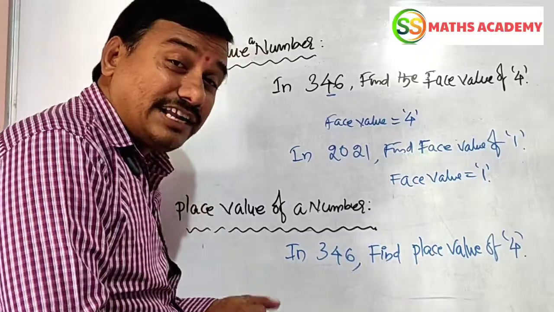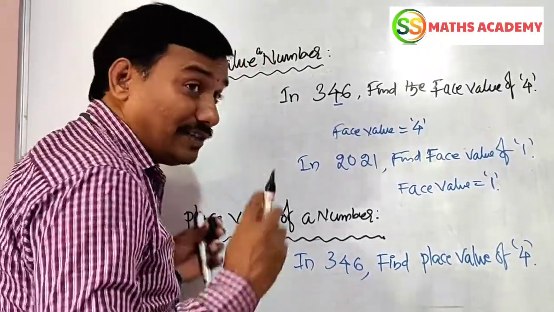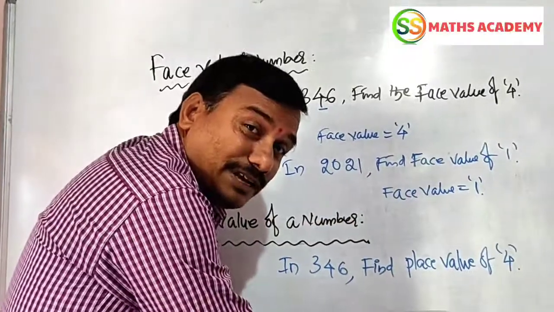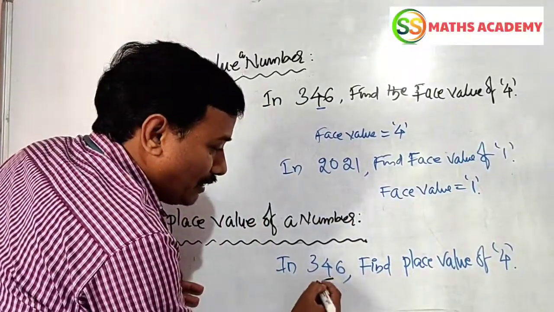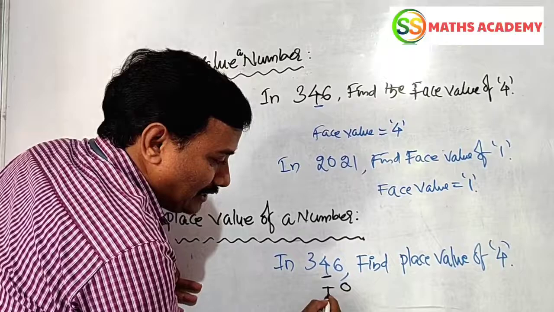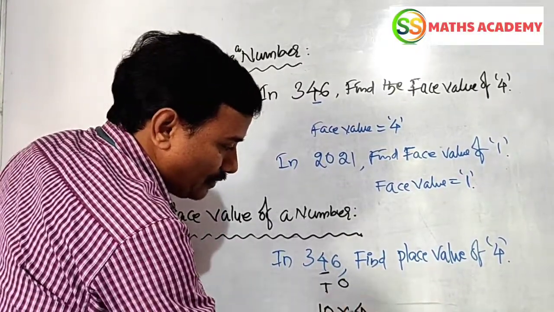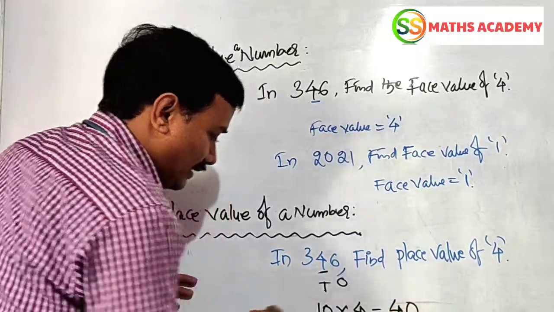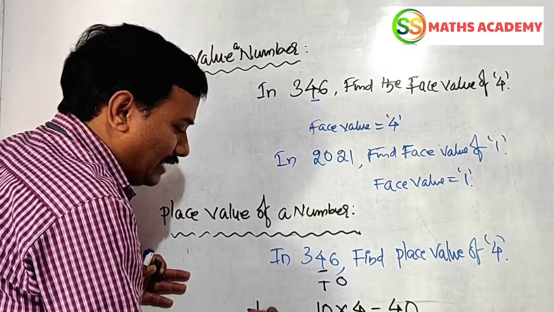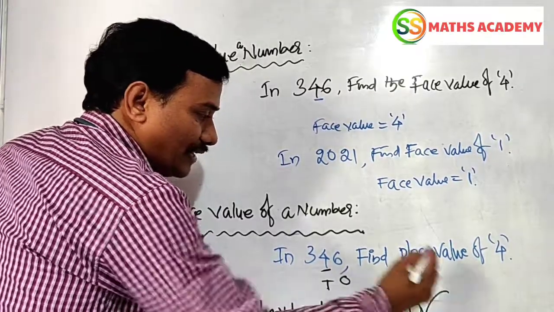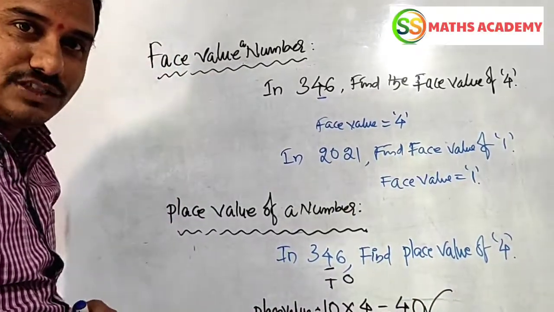The place value of 4 is respective of the place occupied. This is the tens position. 10 into 4 is equal to 40. So the place value of 4 is 40.